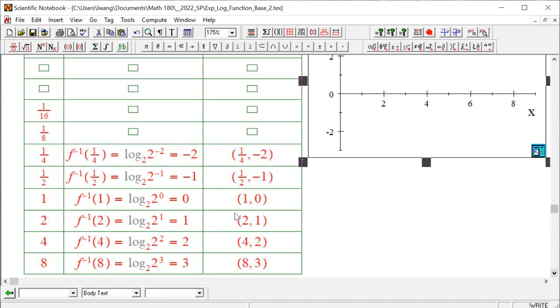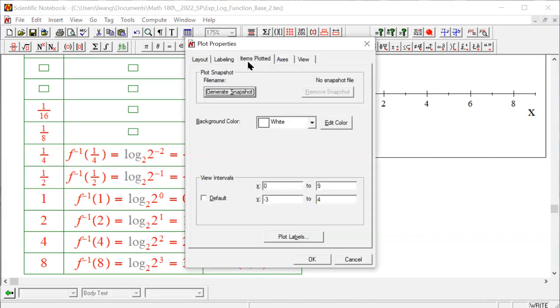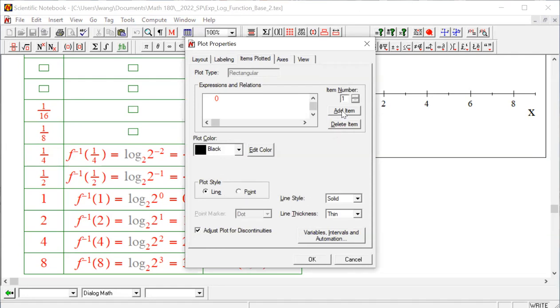So we're going to plot 1, 0, so 1, 0 here, 2, 1. So I'm going to plot these 4 points first. We're going to add some points. The first one, of course, 1, 0, right?